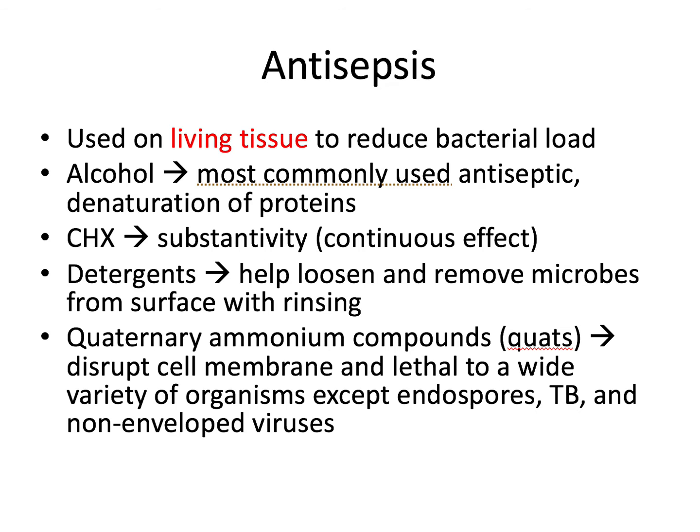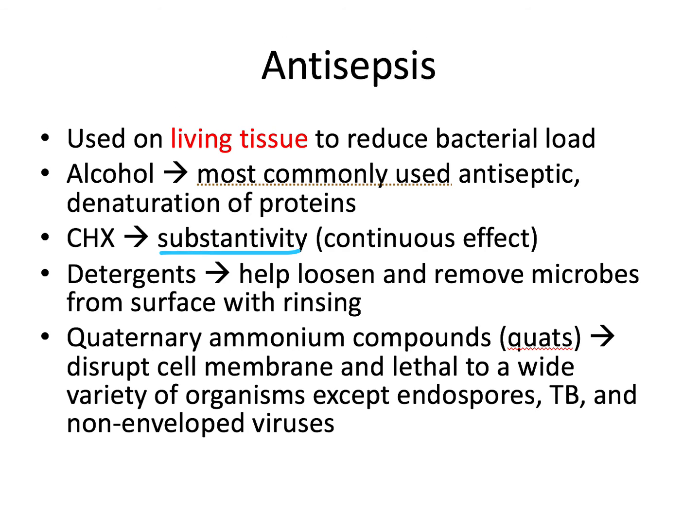So some examples, we have alcohol, which is the most commonly used antiseptic, and it involves denaturation of proteins, which we saw before as part of the autoclave actually kills bacteria in the same method. Chlorhexidine is another antiseptic used, and this one has substantivity, which means it has a continuous long-lasting effect, so that is a nice antiseptic to use.